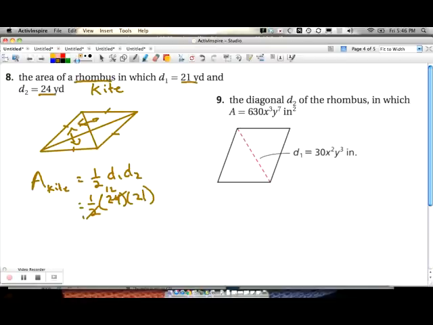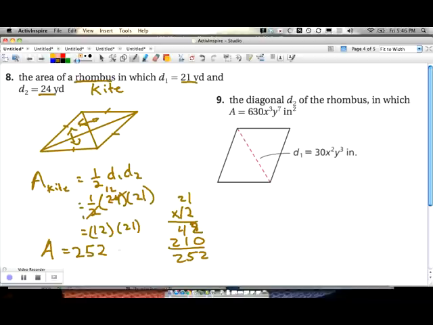And then 12 times 21 is going to be our area. So if I were to multiply 12 times 21, we got 252. So the area is equal to 252. For units, they're yards, and because I'm doing area, it's yards squared.